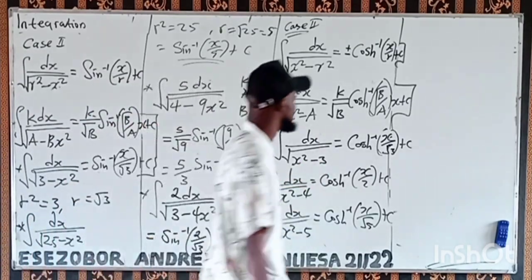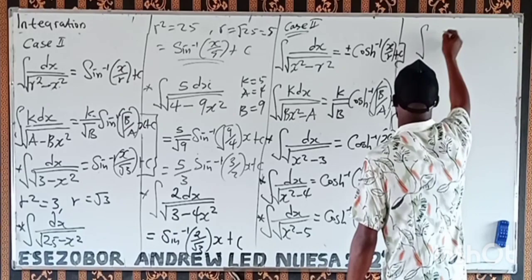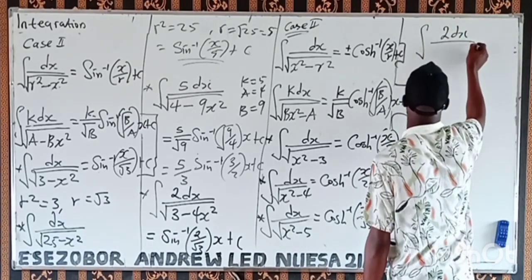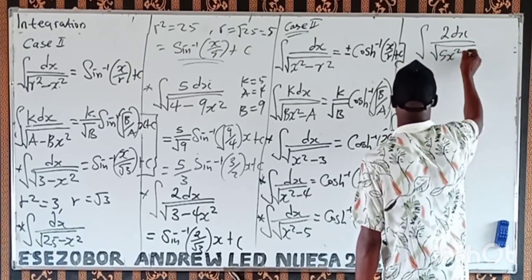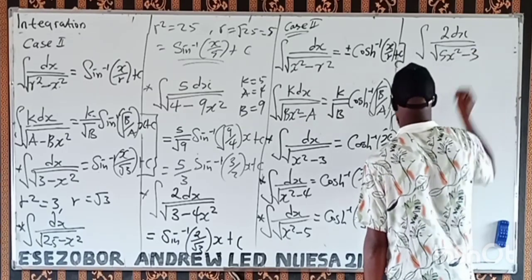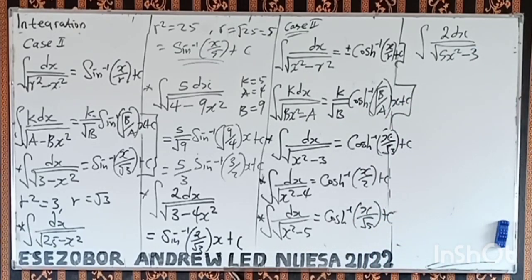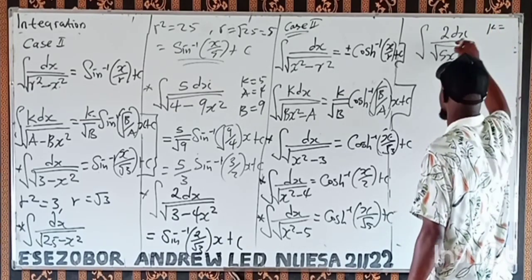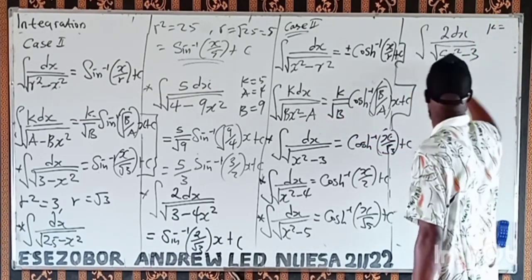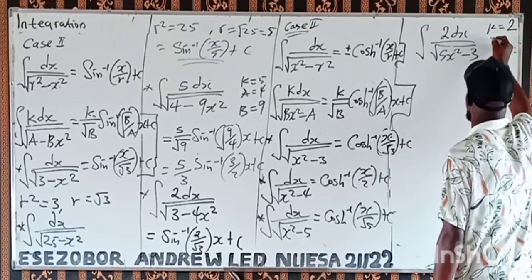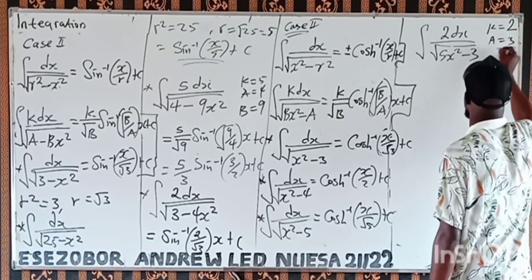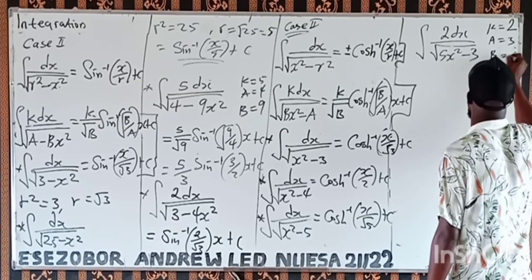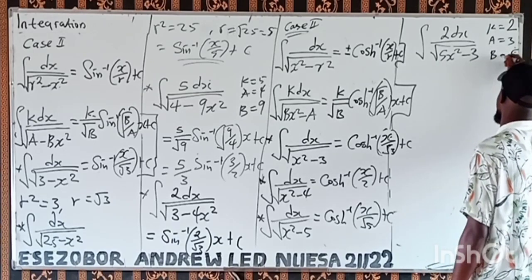Then what about if we are having 2 dx all over the square root of 5x squared minus 3? The answer will come from our k here. We are comparing this to this. Our k is 2, our a is 3, and our b is the coefficient of x squared, which is 5.